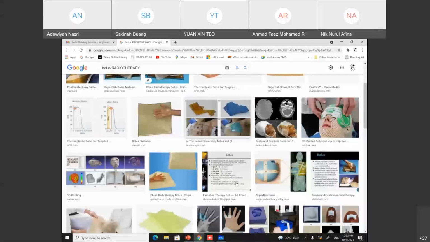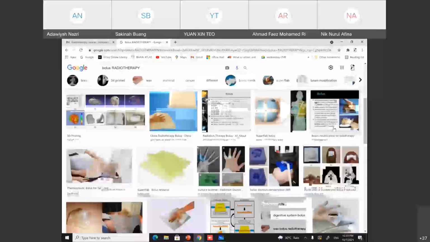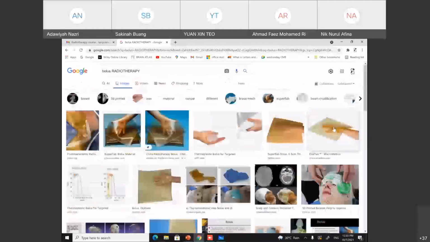There is a type of bolus which we can customize to the patient's shape, in green color like this. If I remember, next time I can show you an image. I don't have one now. The examples of bolus are just these 3 types so far that we use in our center.